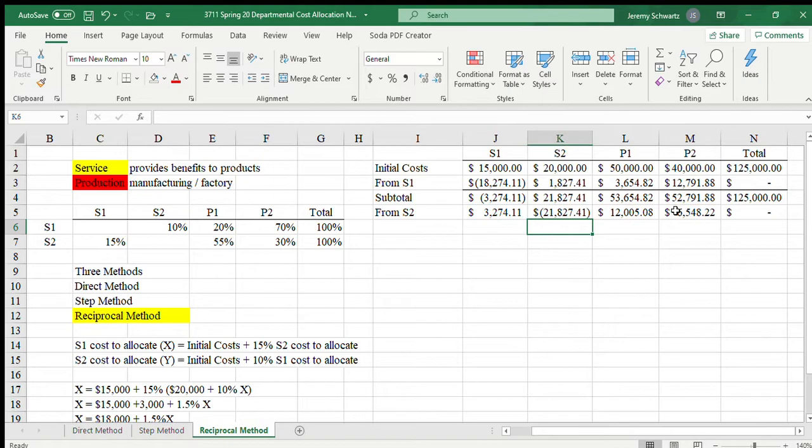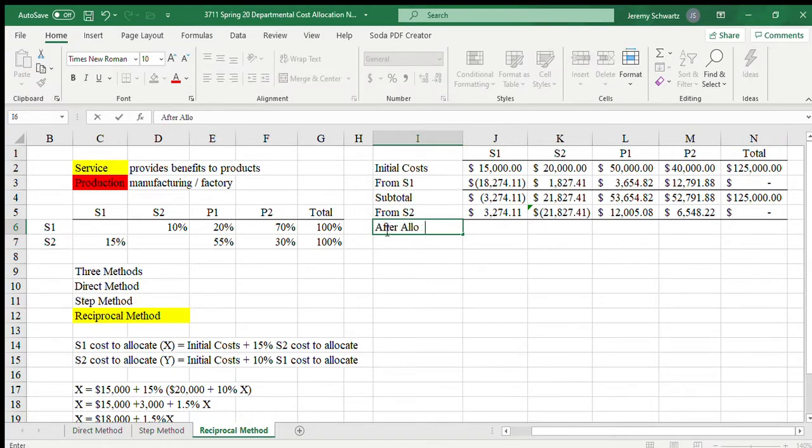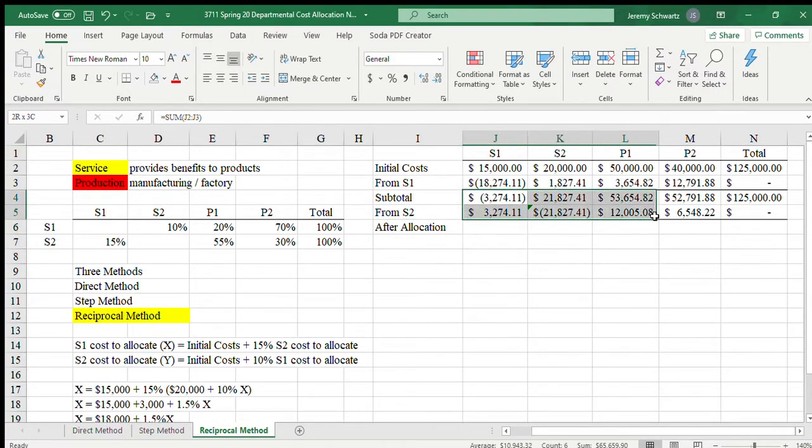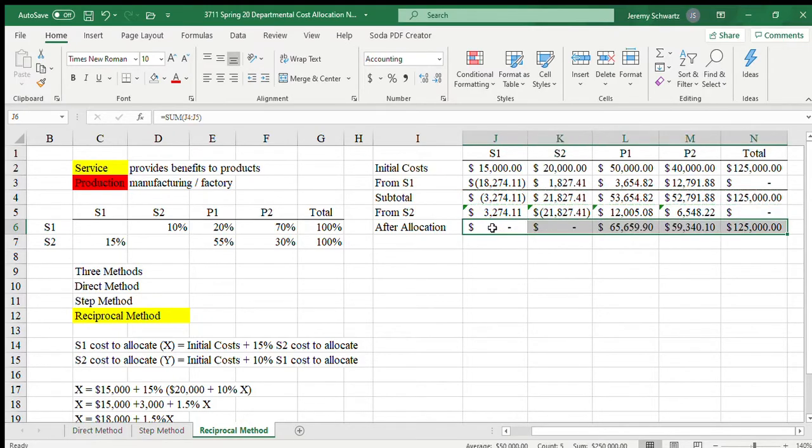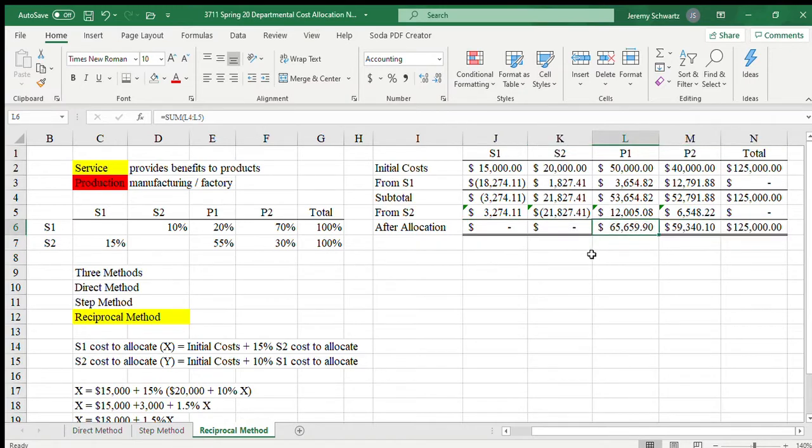And when we subtract these out, we see that we end up with our after allocation amount, copying these formulas that were summing the previous two lines, so that we end up with 65,659 going to Production Department 1.